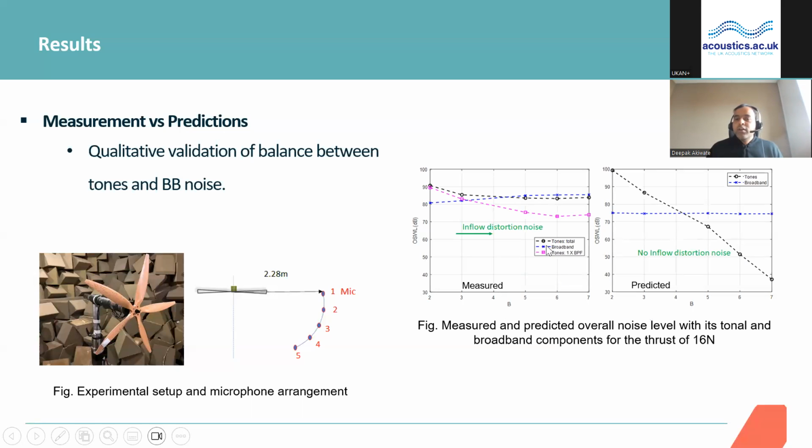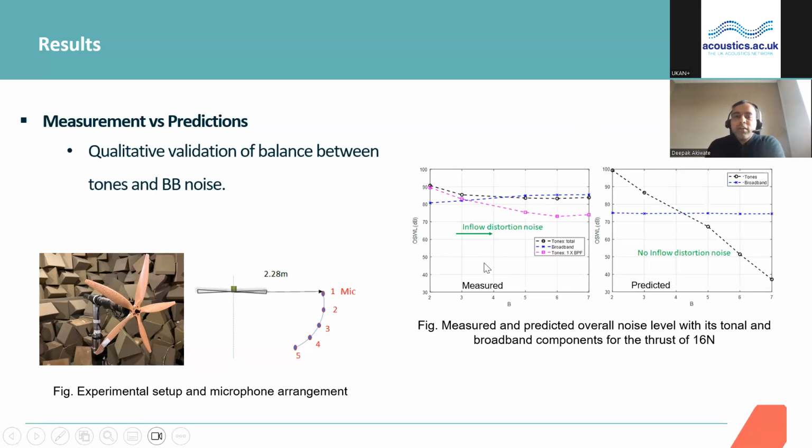The black line was showing contributions from all other tones, not only the fundamental but higher order tones as well. But when I look at just the first blade passing frequency, we can see that the balance has been slightly changed, which shows that there are higher order tones which also contribute to the overall tonal noise.